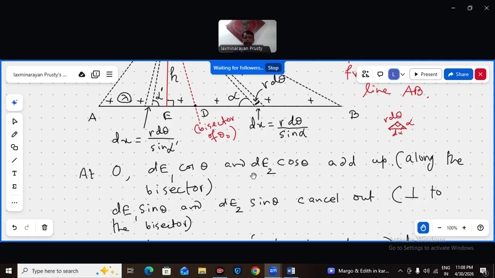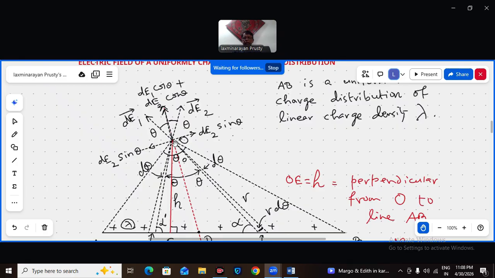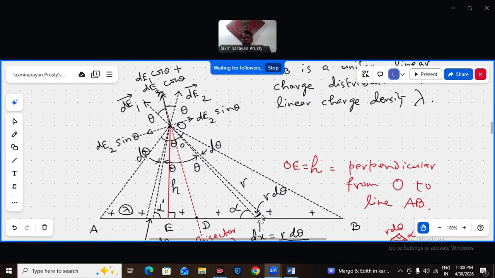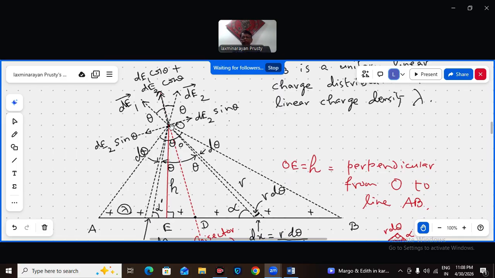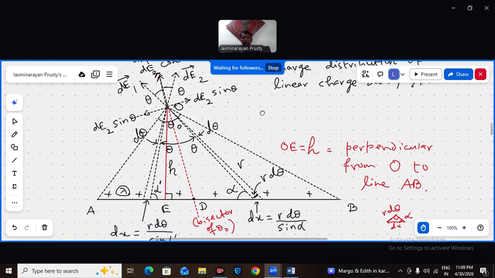And at O, the field due to this element and this element produce dE1 and dE2. To make a cos theta component, because this is theta, this is also theta. So the cos theta components of dE1 and dE2 will add up.